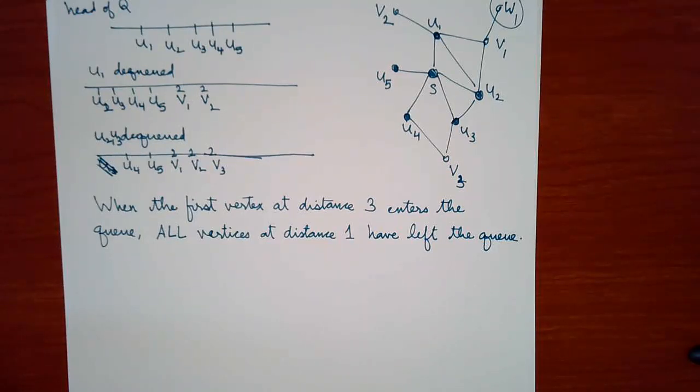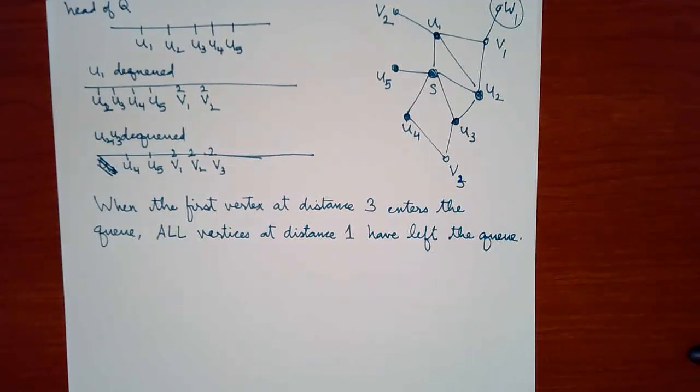I assume it would be something like: when the first vertex at distance n enters the queue, all vertices at distance n minus 2 have left the queue, maybe?